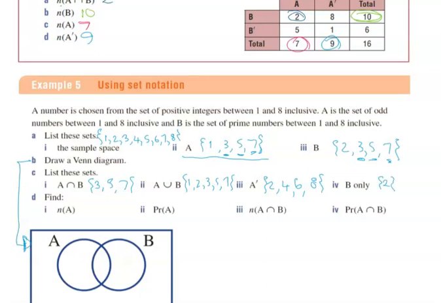Okay, so now let's put what we know into our Venn diagram. We're only going to put the numbers, not individually write each out. So A and B, there are 3, so we'll put a number 3 in here.